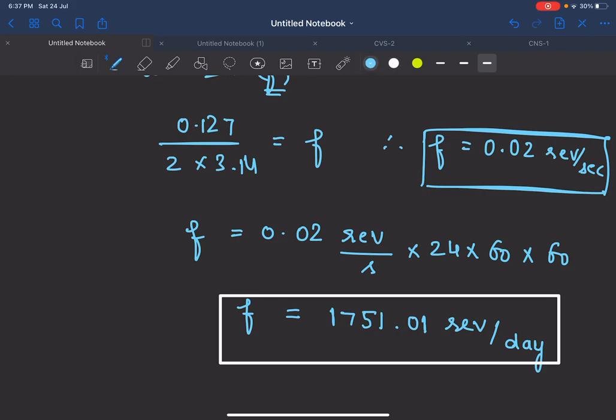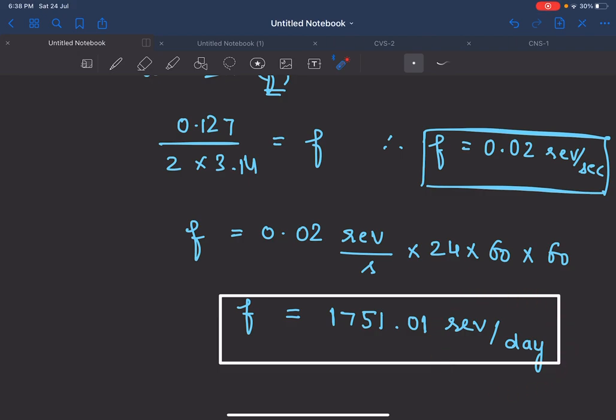I suppose I made it very clear. So this is the basic gist of my solution, that solve everything in SI units and then convert it as per your needs. Like I solved it throughout in SI units, and I got the answer in revolutions per second, and then in the end I used the conversion factor and converted revolution per second into revolution per day, right?